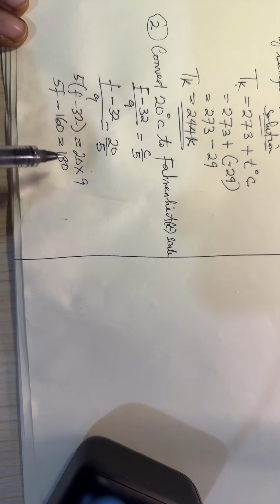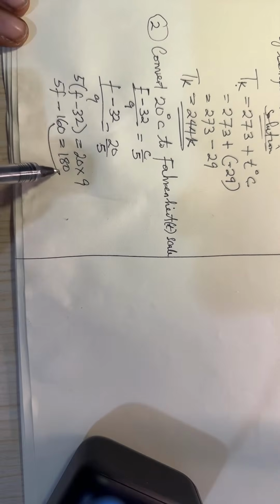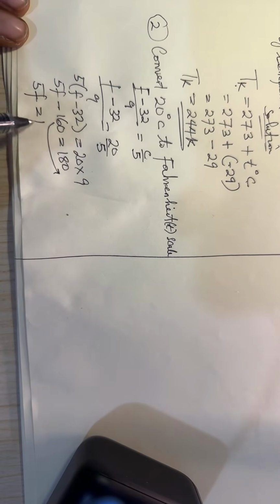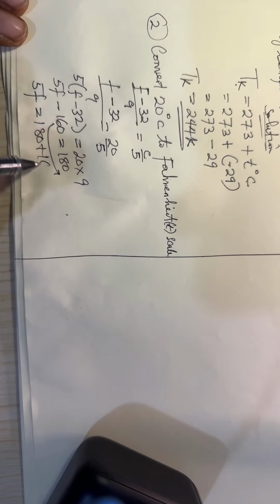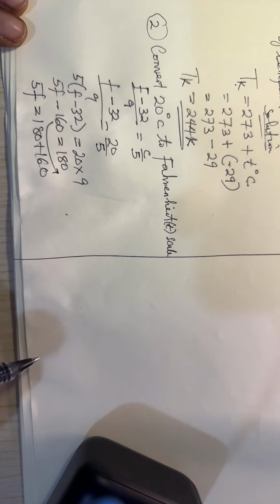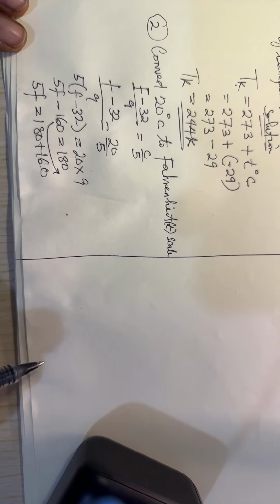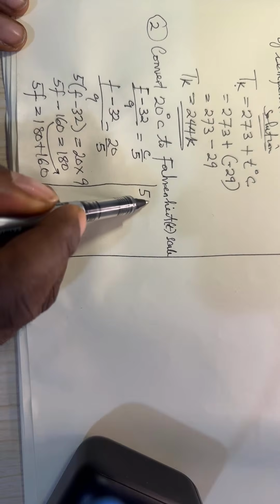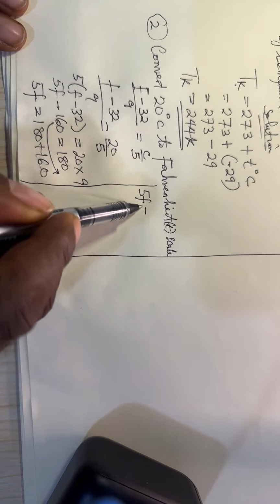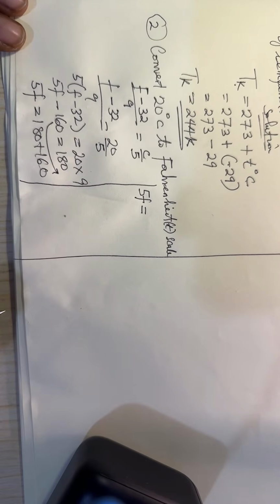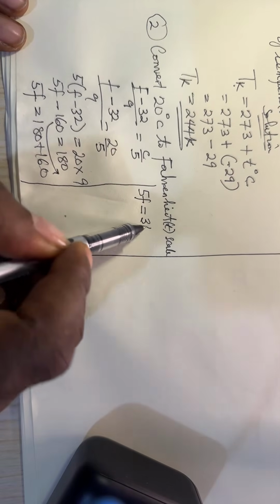So if we add this 160 to both sides, or the way you like doing it, take this over here, we have 5F equals 180 plus 160. Class, what is 180 plus 160, please? Somebody said 340. Is that correct? Let's put that answer down.